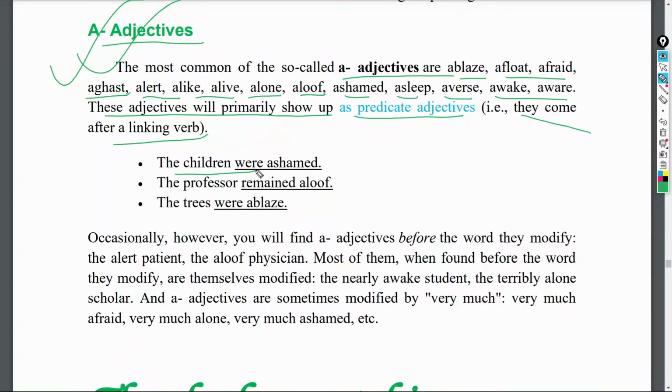The children are ashamed. ये जो है ना लिंकिंग वर्ब क्या है? लिंकिंग वर्ब मतलब वेयर है. वेयर के बाद मतलब क्या आता है? ये एडजेक्टिव आते हैं, है ना. तो these are the adjectives.